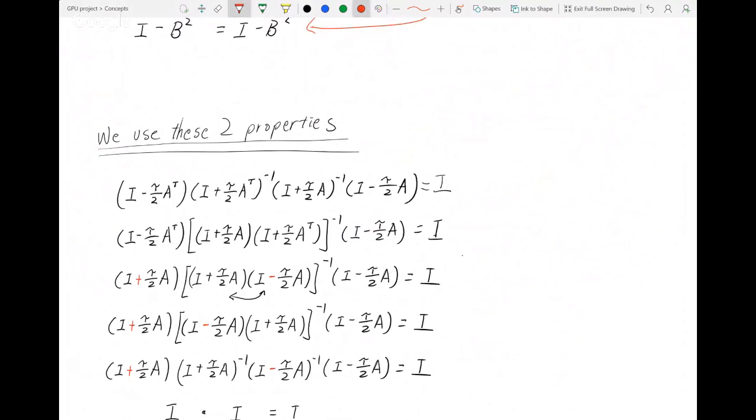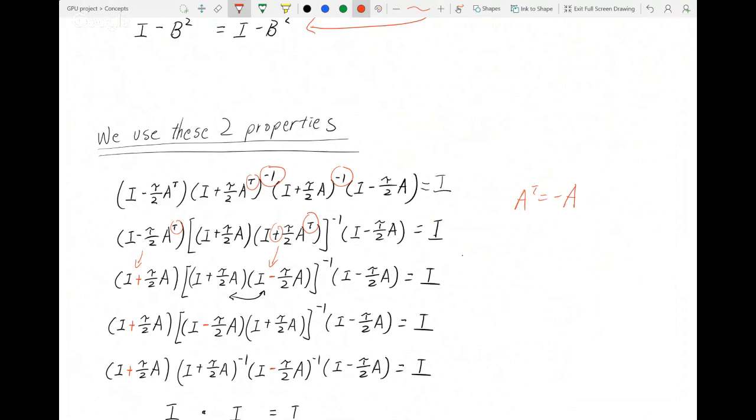So over here, the first thing I'm going to do is look at these two terms and then combine the identity to the inverse together. When you do an inverse, they actually rotate spaces. So notice the T is here and the T is here. Like I told you before, A transpose is equal to minus A. And therefore, given this transpose, I'm going to convert this into a minus.